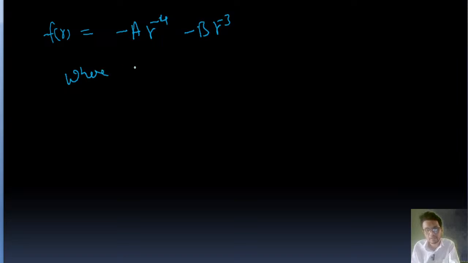Okay, now the value of f of r we can write like this: minus A r to the power minus 4, minus B r to the power minus 3, where A and B are constants.